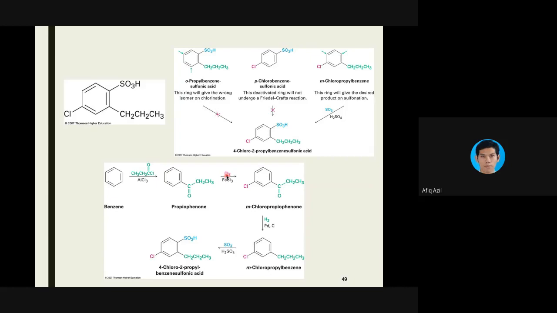So this is the way you want to put where the substituent is, because if you convert it into an alkyl group first, this will be an ortho-para director, whereas you want to put the chlorine in the meta position. So the carbonyl group, aldehyde or ketone, is a meta director.